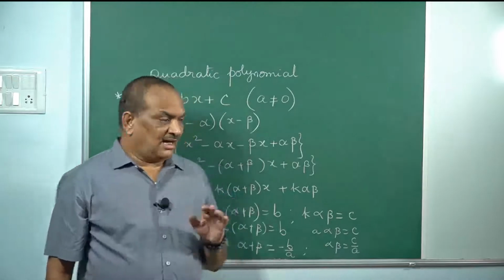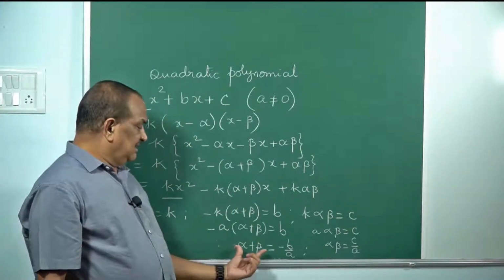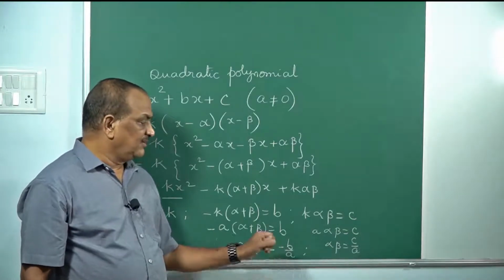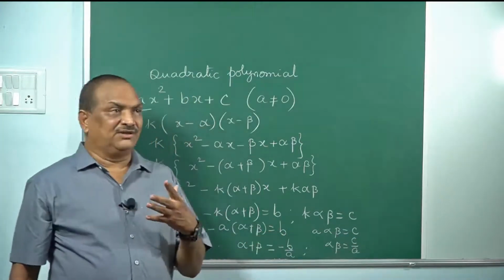So my conclusion here is quite simple. Sum of the zeros is minus b by a, and product of the zeros is c by a. That's what we got here.